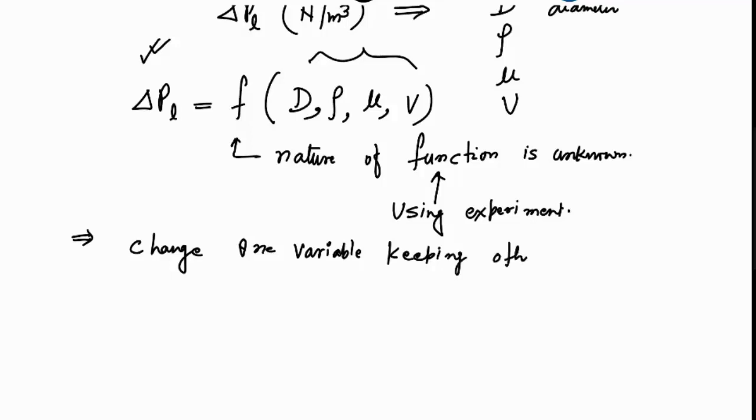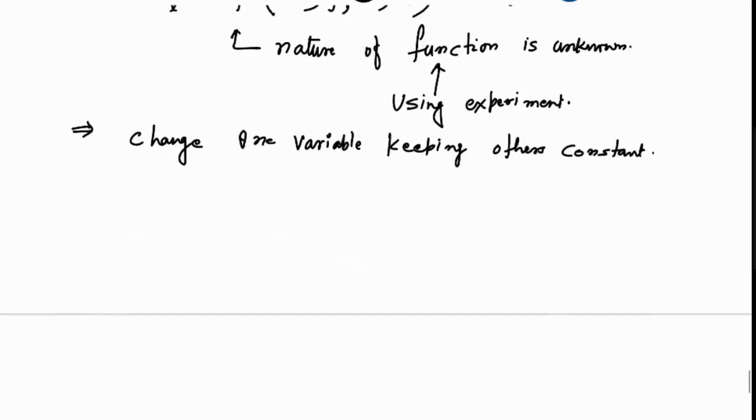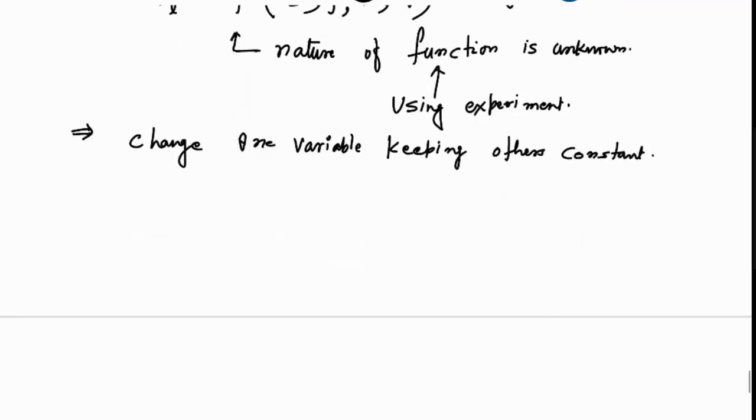If you keep the other variables constant, then you will measure pressure loss. So you have a pipe, you fix 3 variables. For example, you can fix D, rho, mu, and change the velocity and measure delta PL.